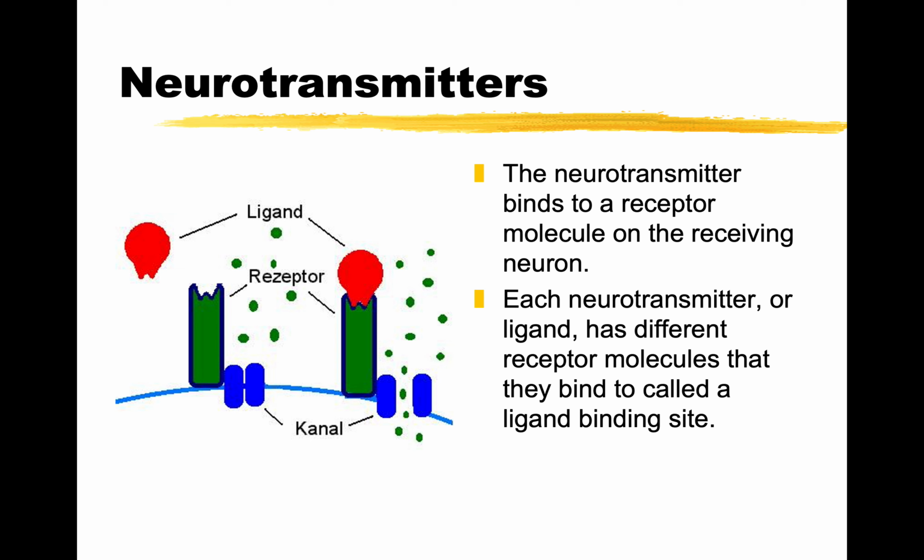So another name for a neurotransmitter is a ligand, and of course they have ligand binding sites. And it's just like this. You can see the red dots there. They are of special structure. What we're really talking about are proteins in the body, and the proteins have receptor sites that only those proteins can bind to.